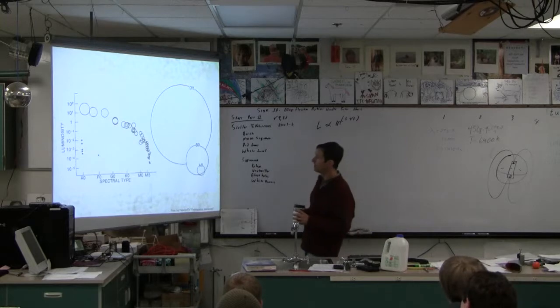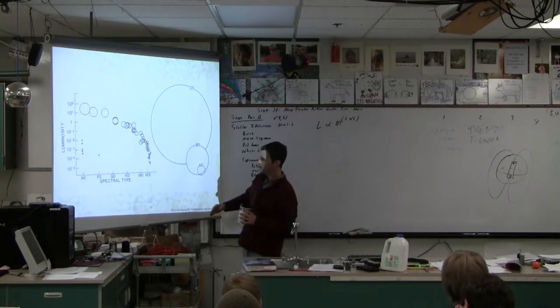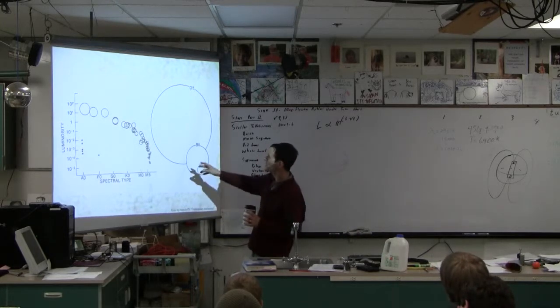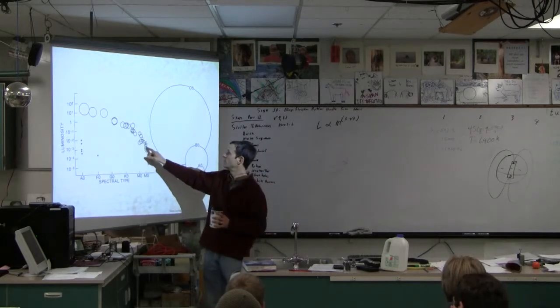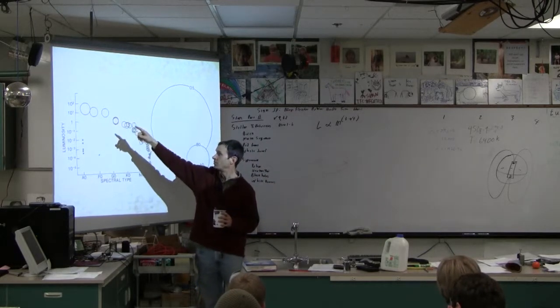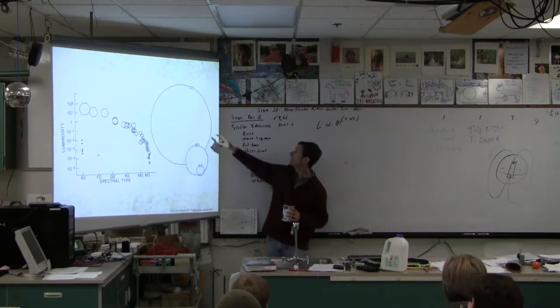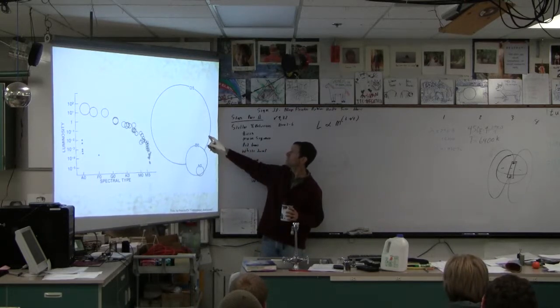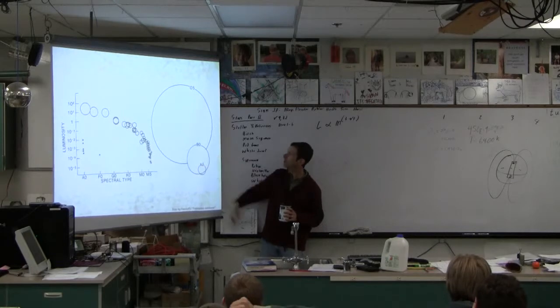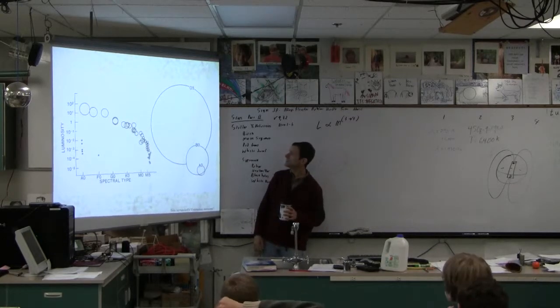Here's an HR diagram that apparently I scanned in a crooked way out of a book or something. But this is the size of them, right? There they go. They get supergiant. And then I love this. Here's a type O star. So apparently there's even bigger ones than this, right? So these guys are just supergiant.